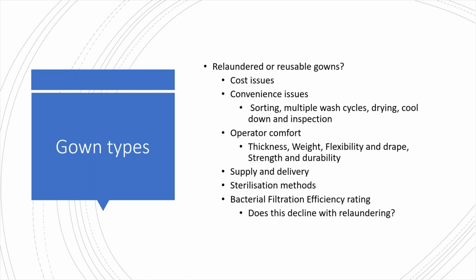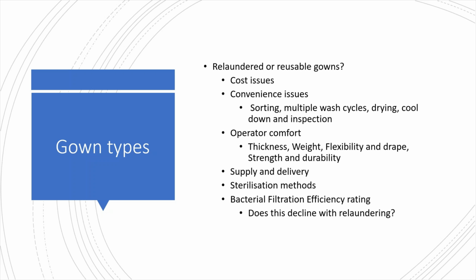So with gown types, there is a choice between relaundered or reusable gowns, and I have no personal preference as to which is the most efficient. There are factors that are important to weigh up, and different suppliers of either type of gown can provide supporting information for this.